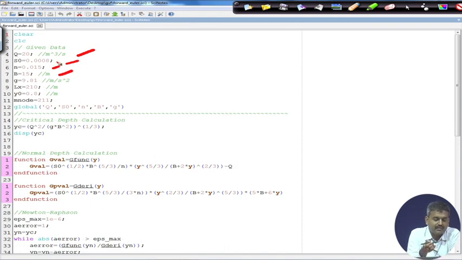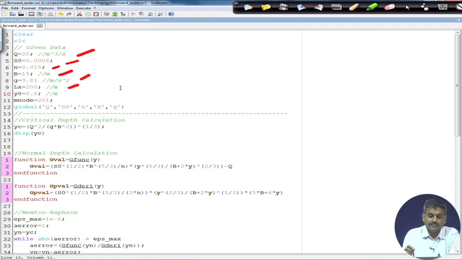This n is Manning's roughness, g is acceleration due to gravity, Lx is the length under consideration, which we can consider as 200 meters, and y naught is the initial depth at x equal to 0, which we can consider as 0.8.